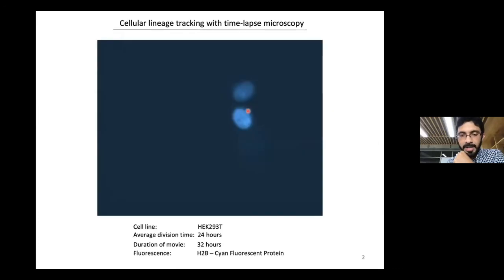What happens is once these things start dividing, the field of view gets cluttered with many cells, and it becomes very hard to track these lineages once there are too many cells in the field of view. So in these kinds of experiments, it's very hard to go many generations in.